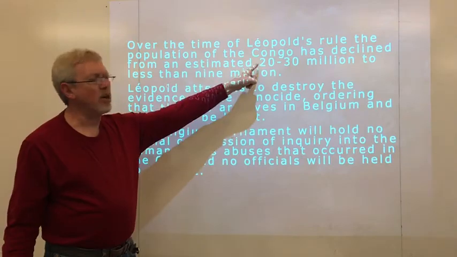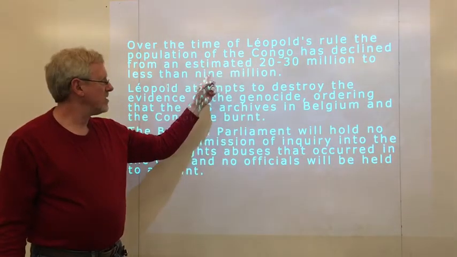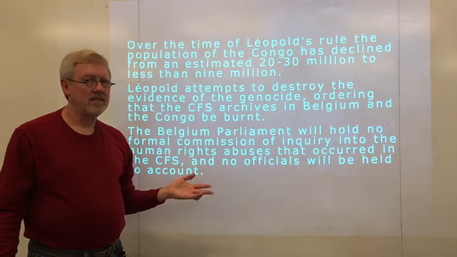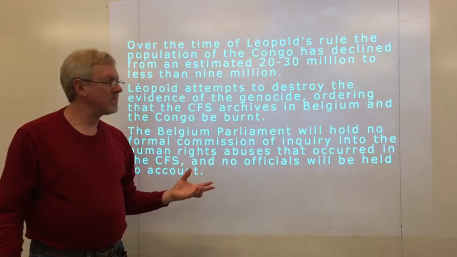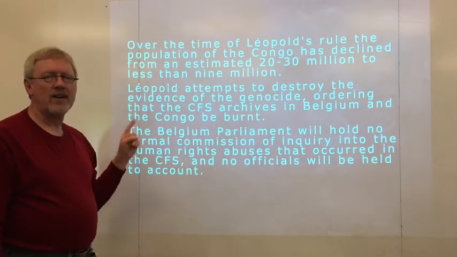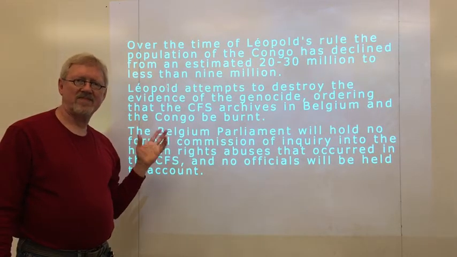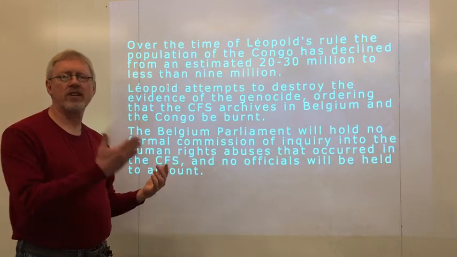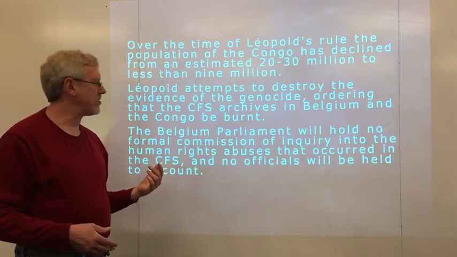Even if you take this low figure, 20 million, that's 11 million people that have died. That's worse than Hitler. This guy deserves to be in the top tier of the world's worst villains, right up there with Hitler, Stalin, and many others.